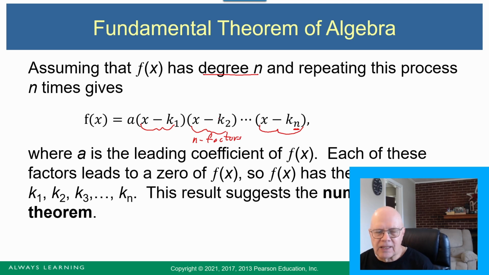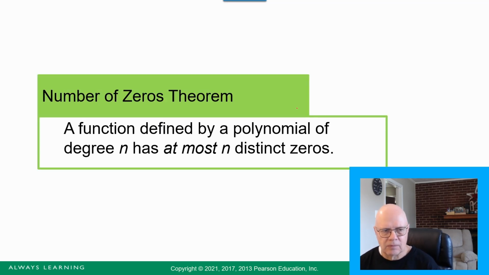And in addition to that, there will be some number that's multiplied times those. It might be a 1, it could be a 2, it could be anything really. So this is like the number of zeros theorem. If you've got degree n for a polynomial, you've got n factors, or n zeros.